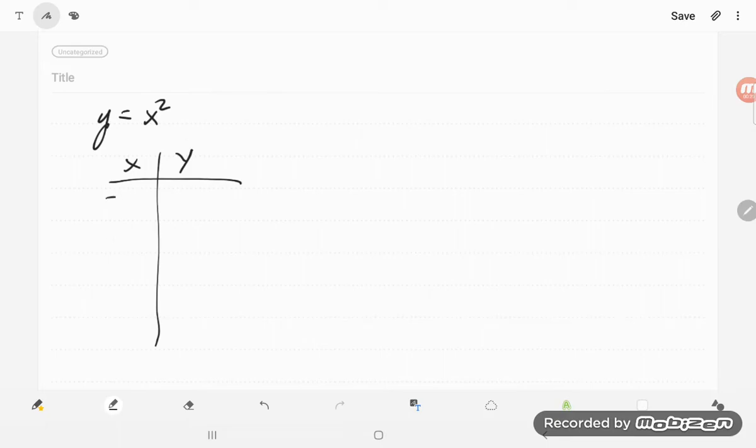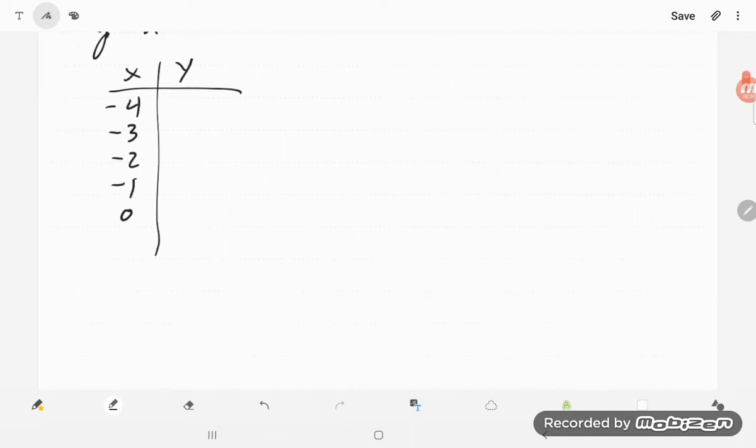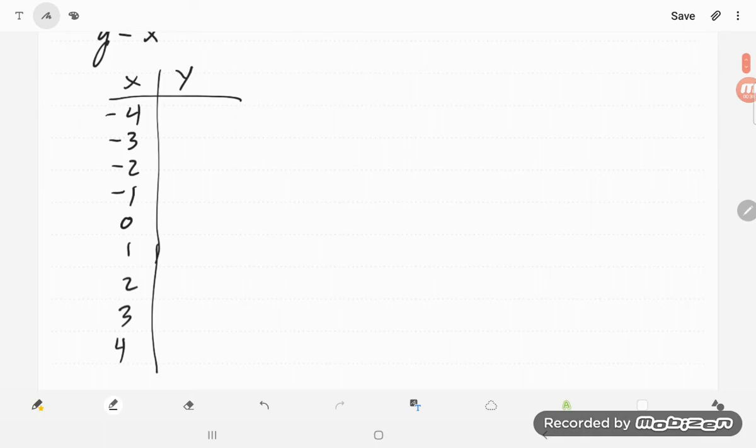If I start at -4, go to -3, -2, -1, 0, 1, 2, 3, 4, then y, which is x squared, is going to be 16, 9, 4, 1, 0, 1, 4, 9, and 16.